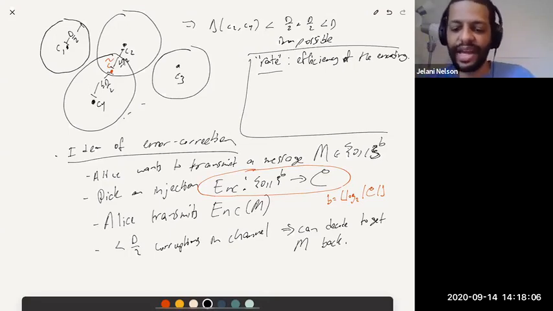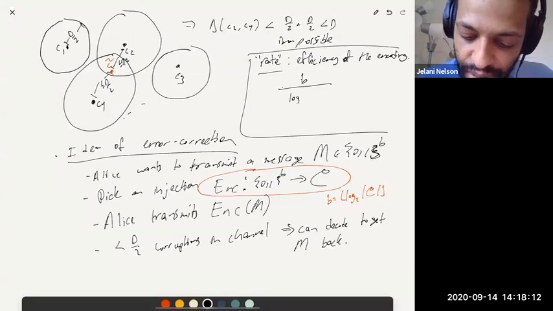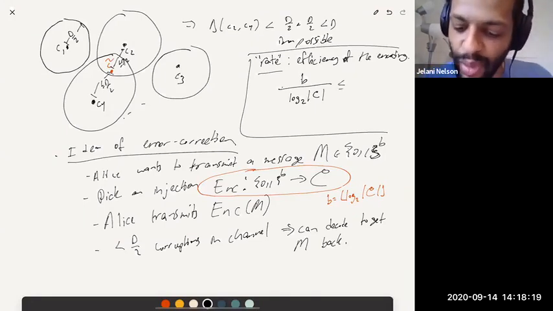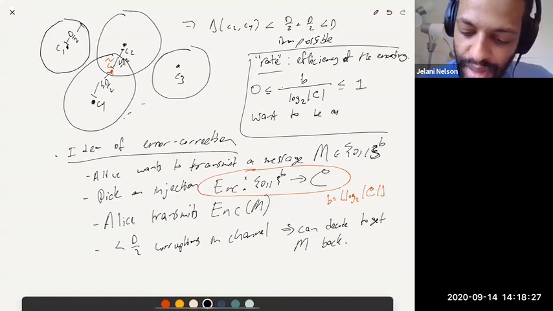And the rate is defined to be that ratio, so it's B divided by log base 2 of C. And it's always between 1 and 0. And I want to be as close to 1 as possible.